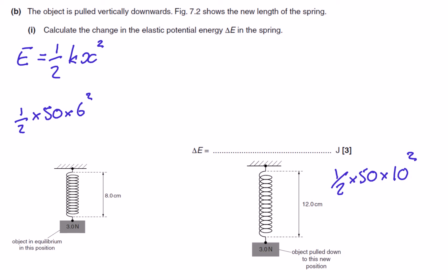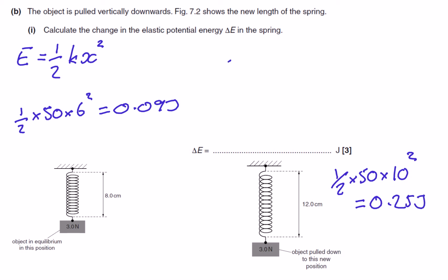Okay, let's get on with this then. So this one over here will equal 0.09 joules, and this one over here equals 0.25 joules.